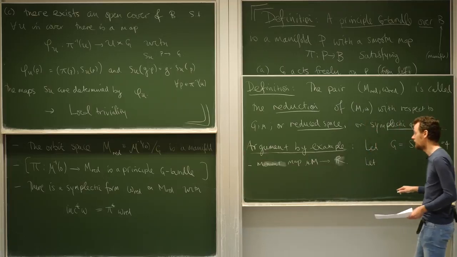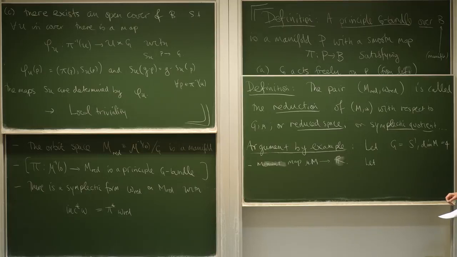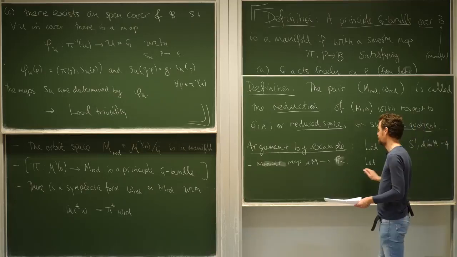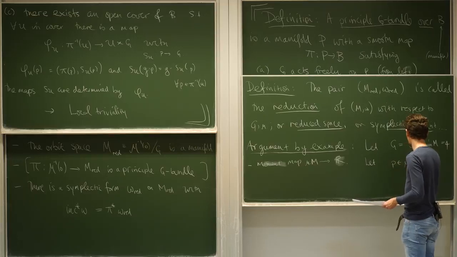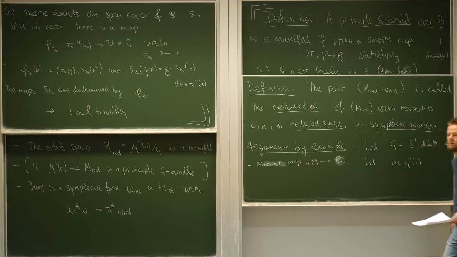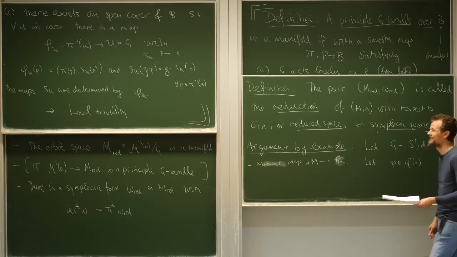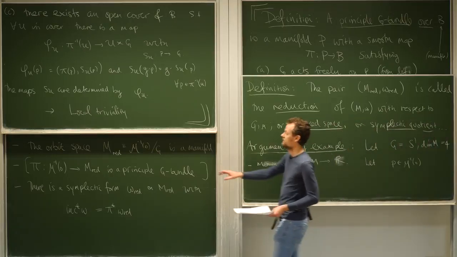Sorry, it's some three-dimensional space. And we'll let P be a point inside of mu minus 1 of naught. So we know by the theorem that this is a manifold. Going to try and understand its structure.